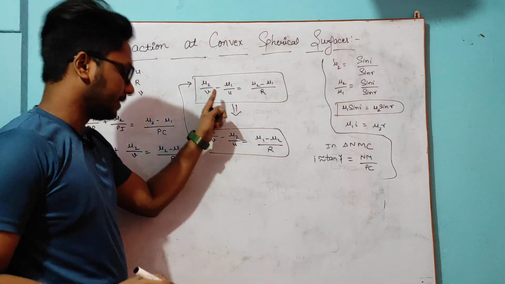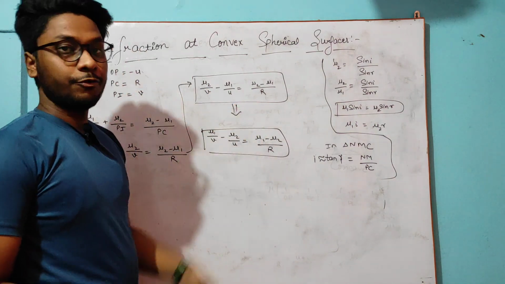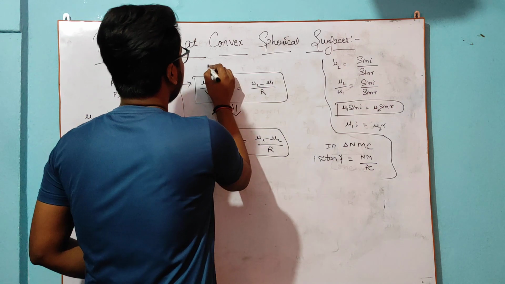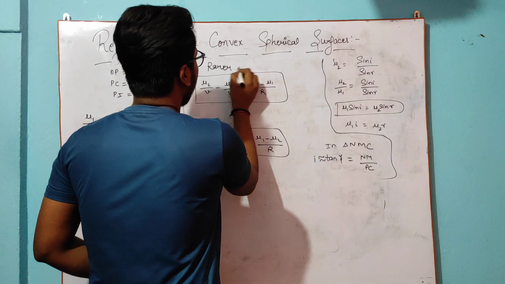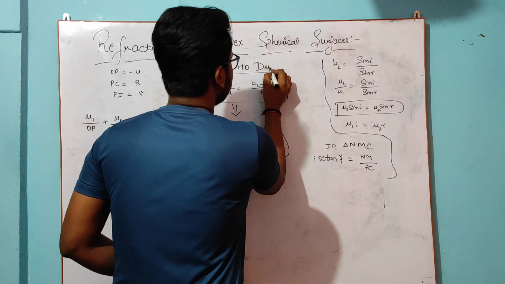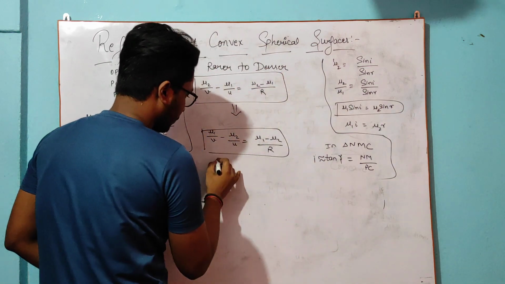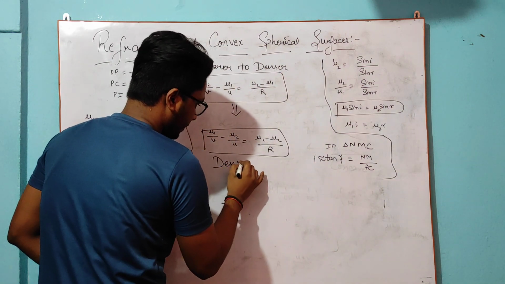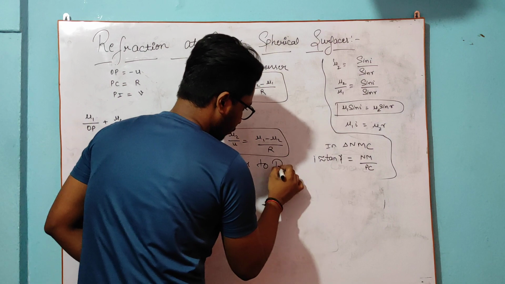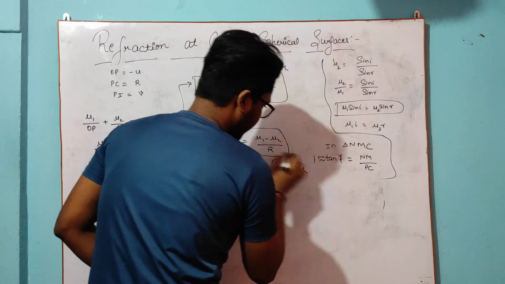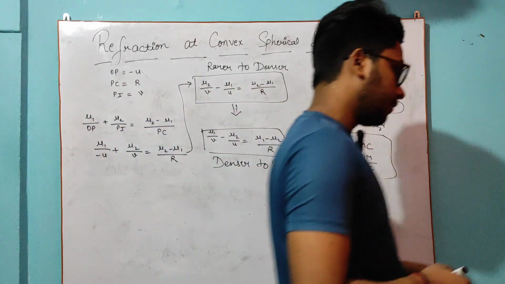This form is for rarer to denser and this one is for denser to rarer. So that's all we have.